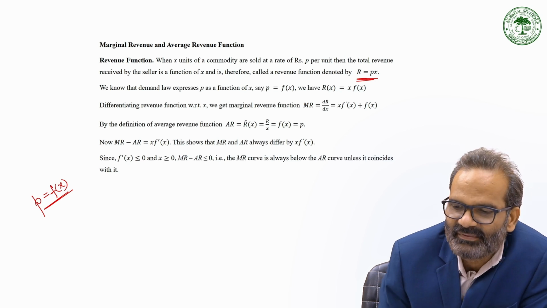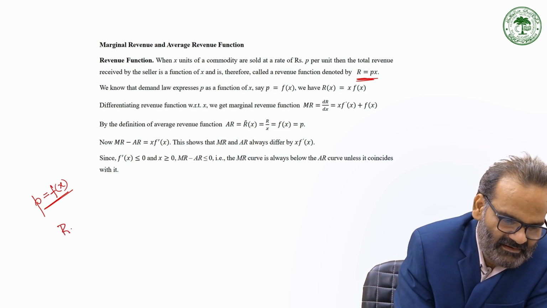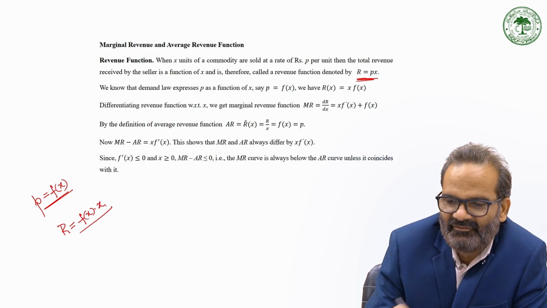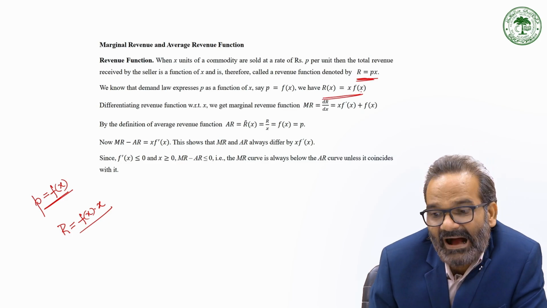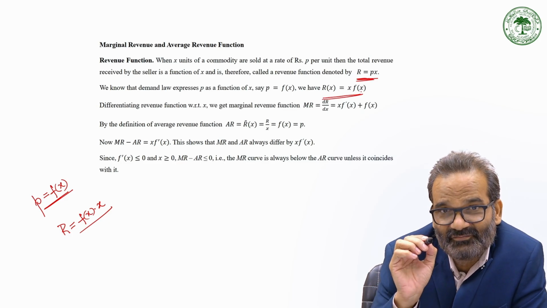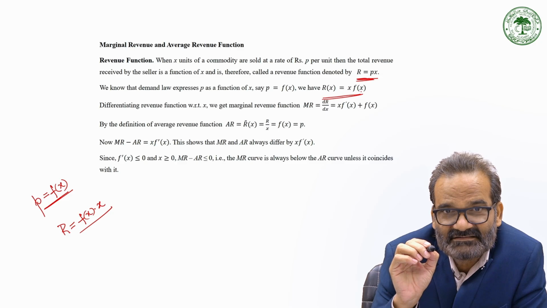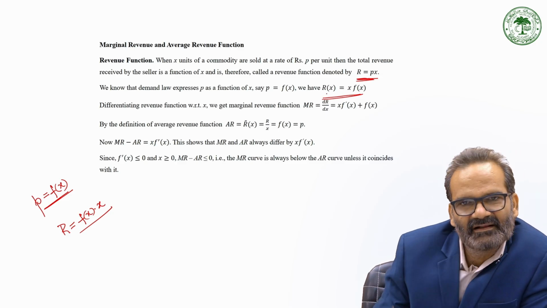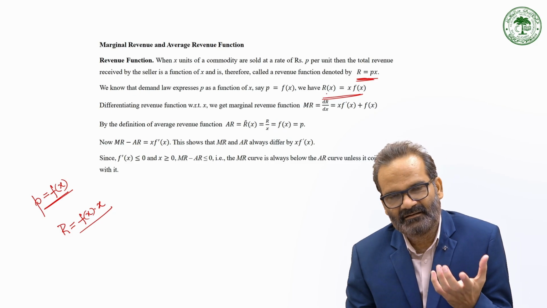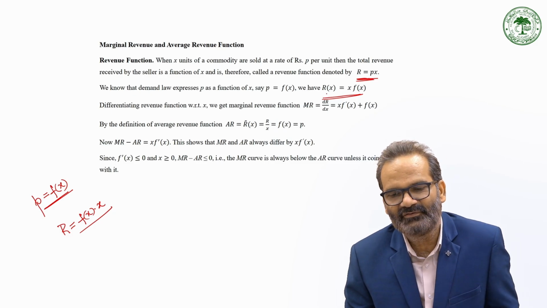So put the value of P in R. What will you get? R is equal to f(x) and then x. This is your revenue function. R(x) we are getting as x f(x). So simply R(x) is now a function of x, that is the number of commodities sold. This is the revenue function or the total revenue function.